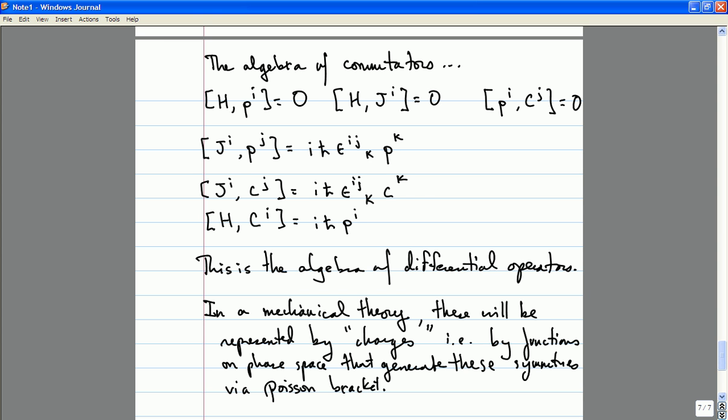Okay, I'm going to call them charges, because it's going to be important in a minute that I distinguish between the generators as differential operators and the generators as functions on phase space. And likewise, in quantum mechanics, they will be represented by operators that act on some Hilbert spaces.